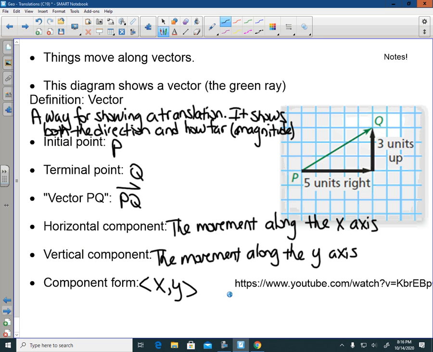When we describe the movement of vectors, we describe how far it goes along the x-axis, and how far it goes along the y-axis. And then we put those together in component form and write it with a couple of pointy bits to show us that we're talking about movement and not a point.